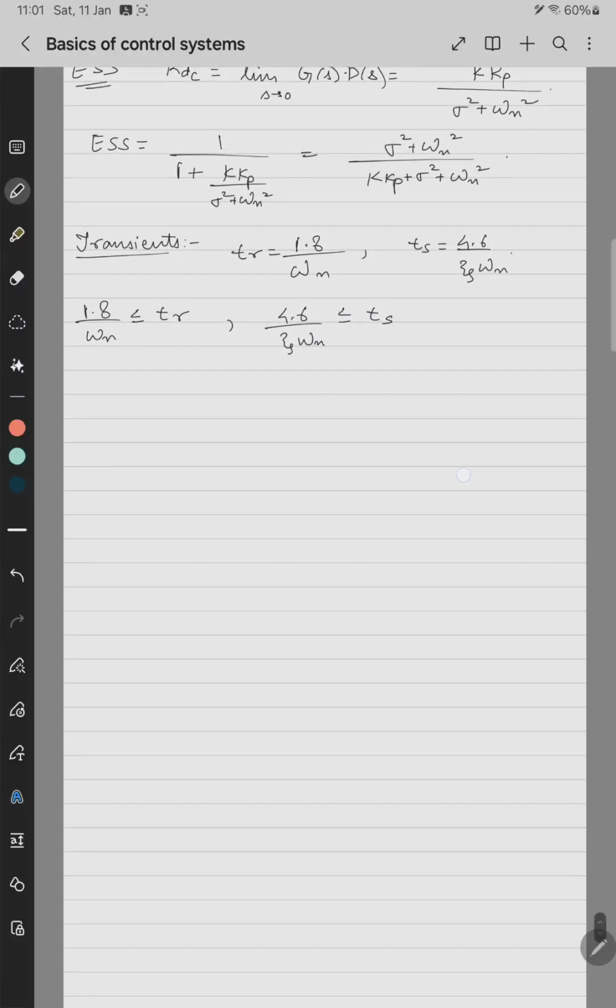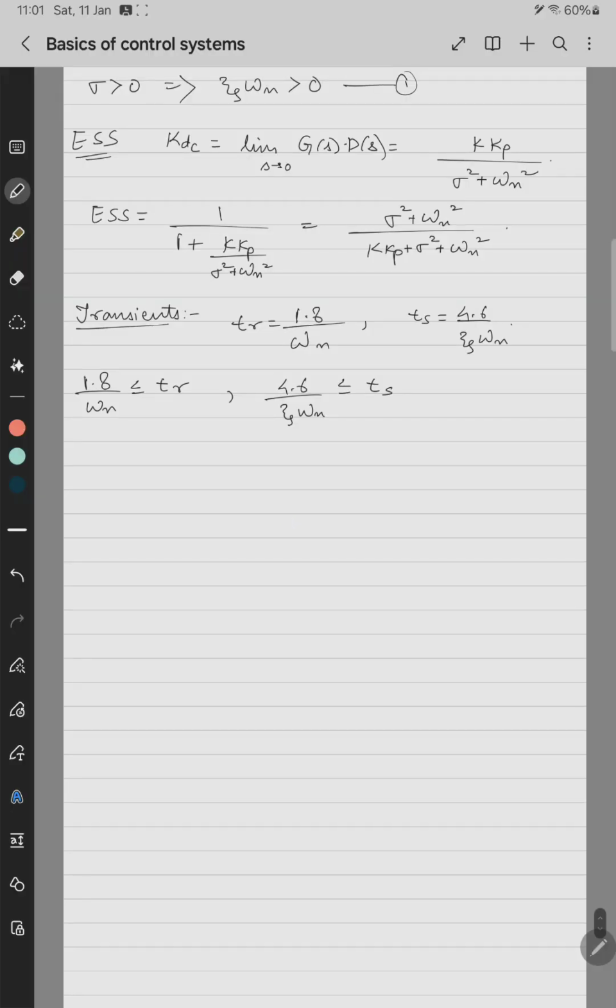So Ts and Tr are given. Then we'll find the relation of omega n and zeta omega n. Let's write zeta into omega n as sigma. If you take the reciprocal, the inequality will reverse. So omega n will be greater than or equal to 1.8 by Tr, and sigma will be greater than or equal to 4.6 divided by Ts.